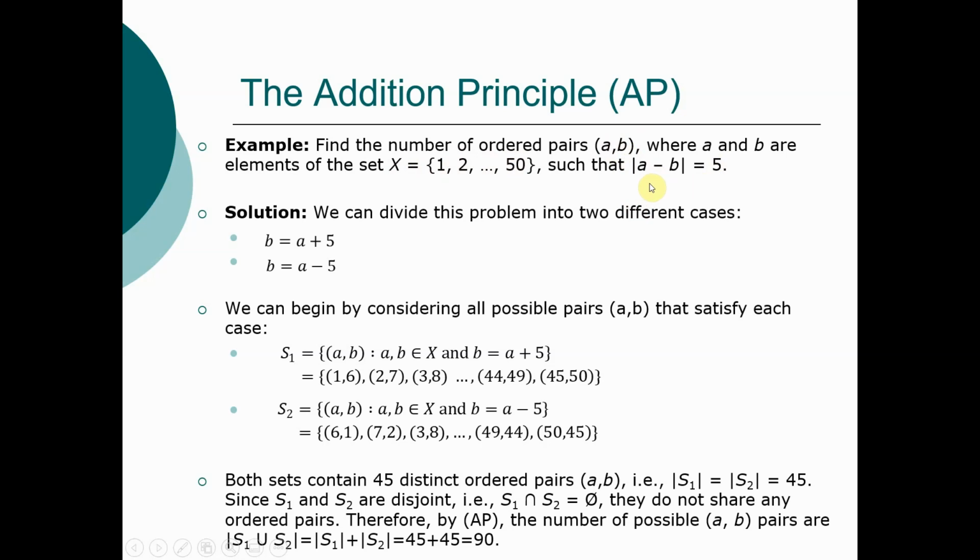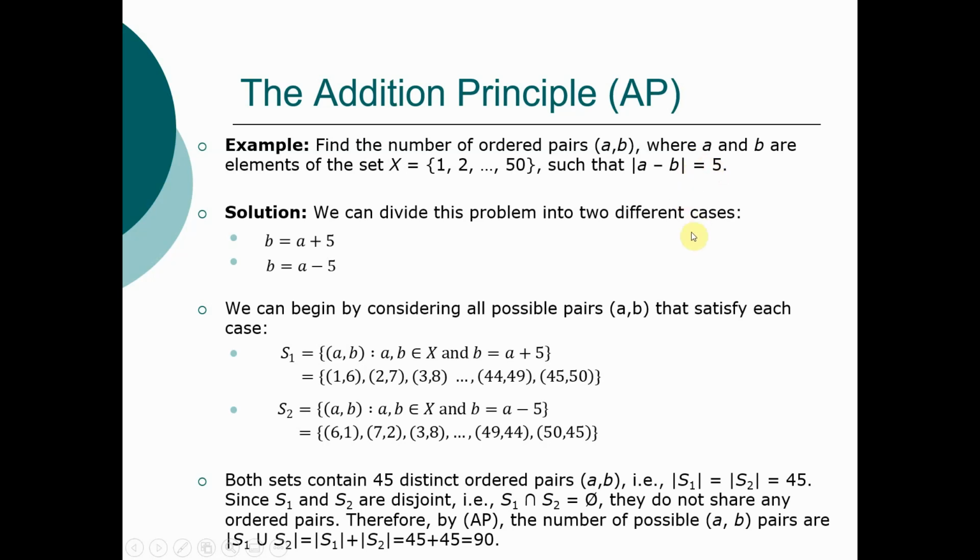Okay, so first of all, we can simplify this condition. We can basically make it 2 different conditions. So either A minus B is equal to positive 5 or A minus B is equal to negative 5.